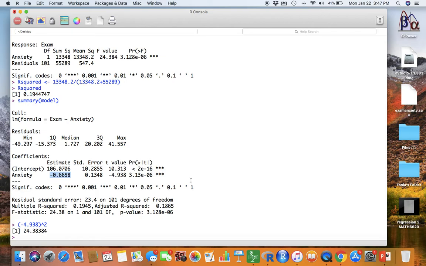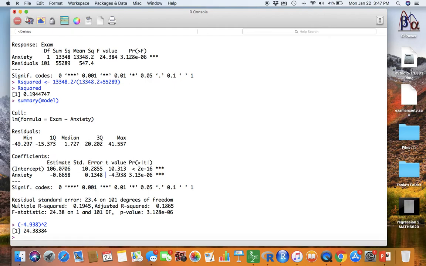But when we have a sole predictor, we can say that as anxiety score, or whatever our predictor or independent variable is, increases 1 unit, the change in the predicted y, which in this case is exam, is precisely the number you see right there as your estimate.